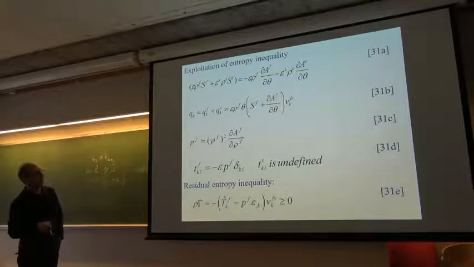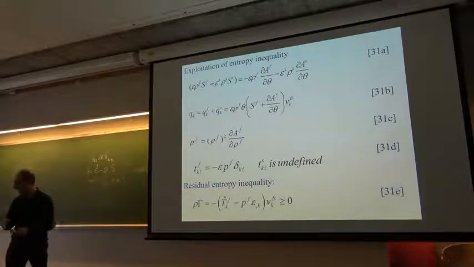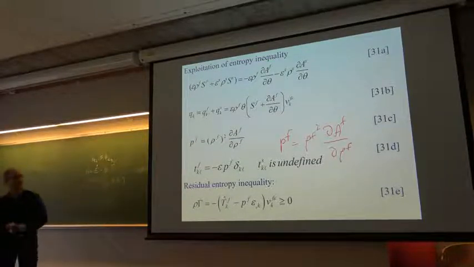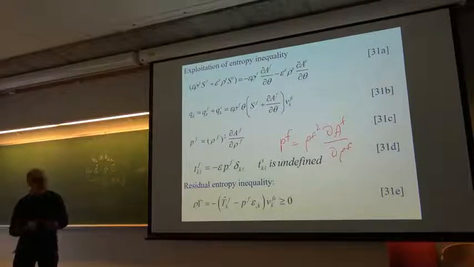And then I find that the stress tensor of the fluid is isotropic, and this PF is equal to rho F squared dAF d rho F. That comes out of here.